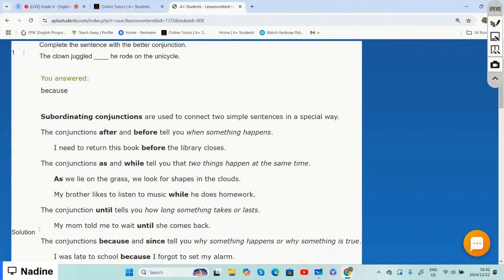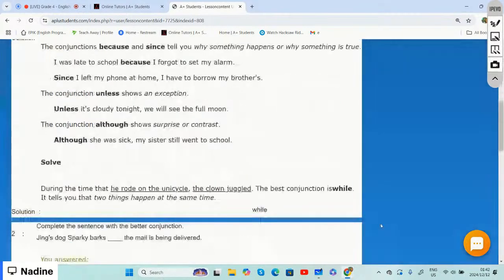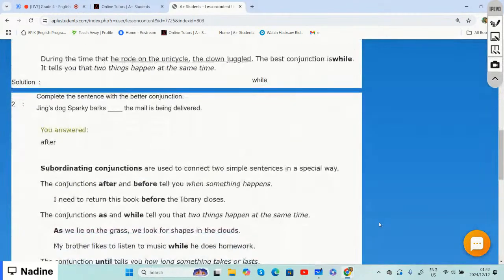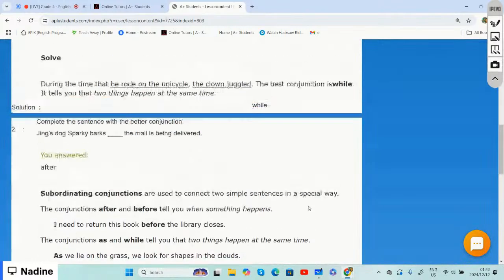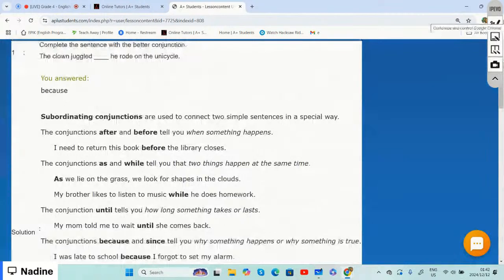All right. And remember, we said that we can use either before or after, unless, although, and so on. You need to remember the wording.